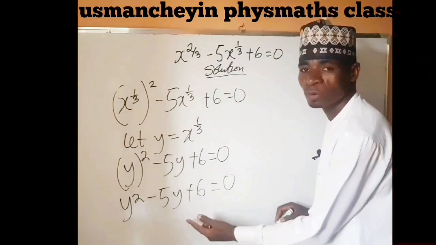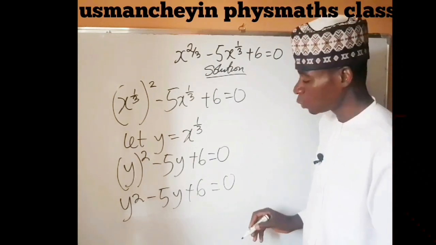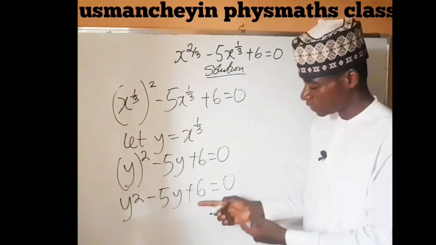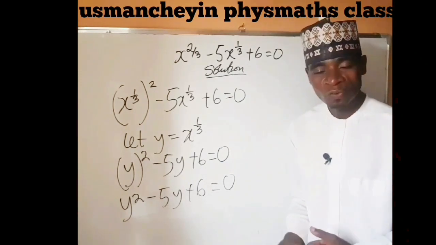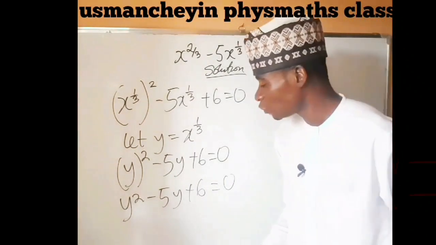Now this is already a quadratic equation, all right? So we need the two numbers that when you multiply you have positive 6, and when you add you have negative 5, and those two numbers are negative 3 and negative 2.